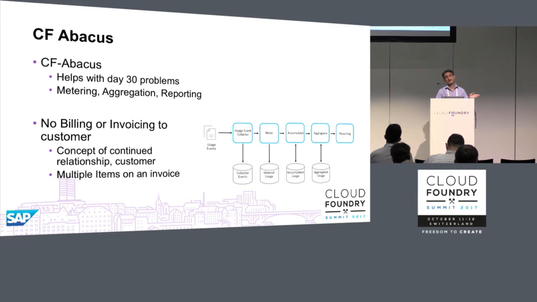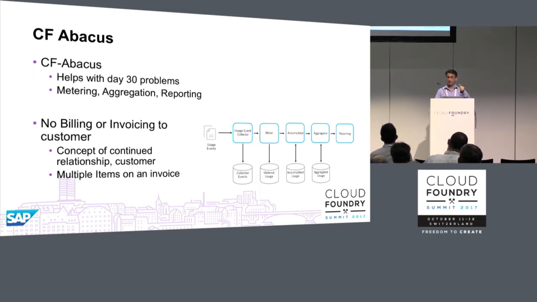So various things come into the picture. Billing engines bring in the concept of a customer, because I need to have a relationship with this customer over a longer amount of time. Then I may be using certain things from Cloud Foundry and certain other things from some other provider, and I want to consolidate that invoice.